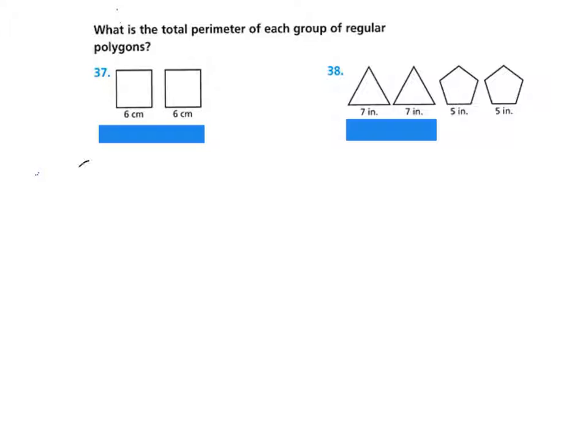So 6 times 4 is 24. And I've got 2 of these shapes, so 24 times 2. 4 times 2 is 8, 2 times 2 is 4. So the perimeter of these two shapes is 48 centimeters.